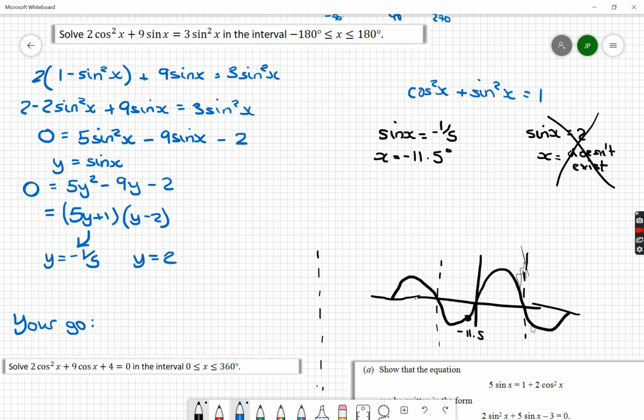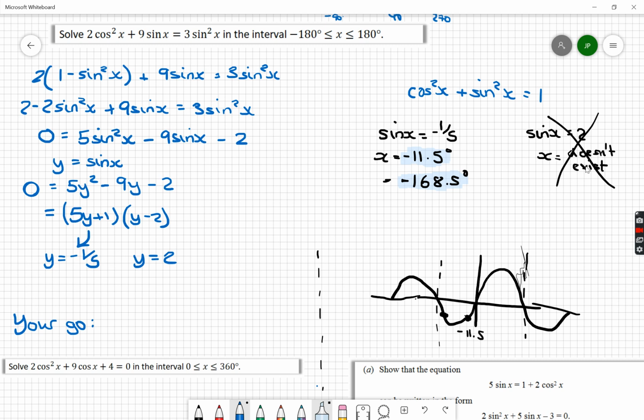Now, the only other place where I'm going to get anything along the lines of minus a fifth is in here. Now I know this repeats. The repeat is worth 180 minus x. So that means this one here is going to be minus 180, add on 11.5. So my other solution should be minus 168.5 degrees. Nowhere else is that going to work. So this time I've only got the two solutions, minus 168.5 and minus 11.5.